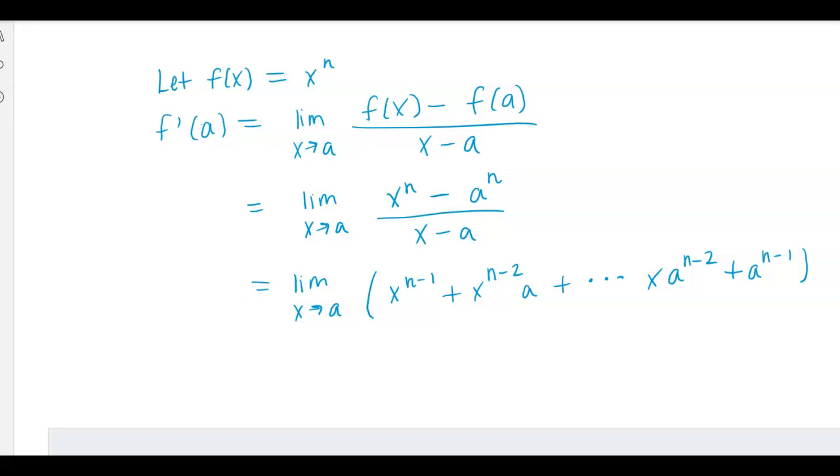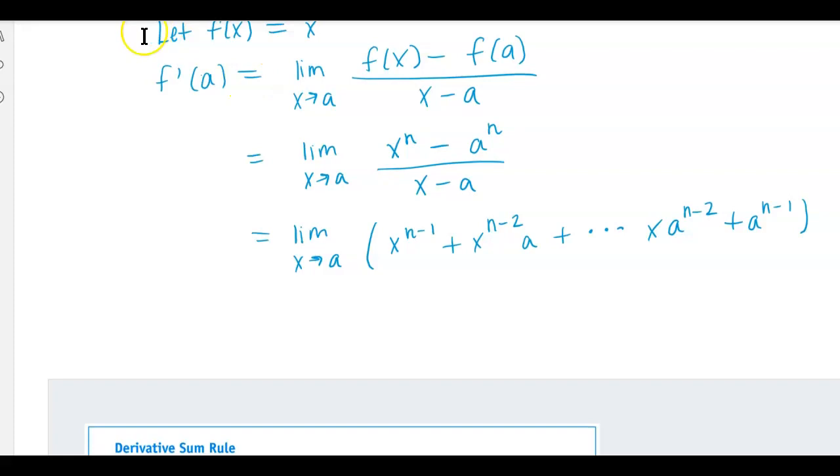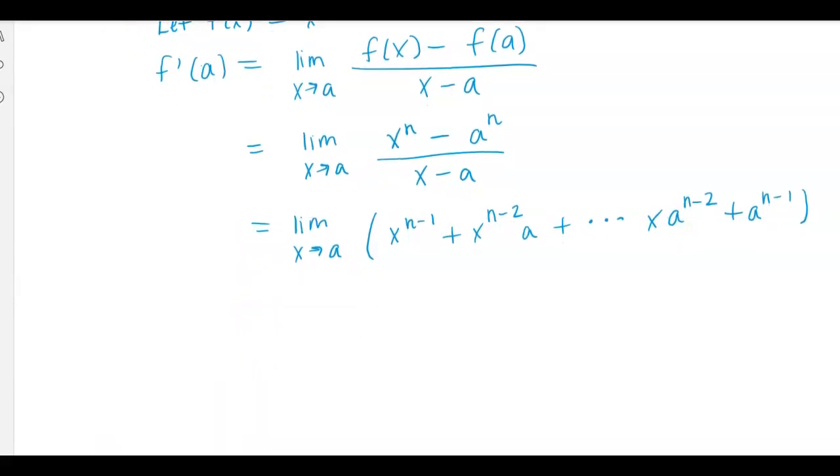Now what we're going to do is everywhere that we have x, we're going to plug a in. We don't have any restrictions as far as fractions or places that we're going to have discontinuity. So when we're taking the limit here, we can just plug a in wherever we see x in the polynomial above.